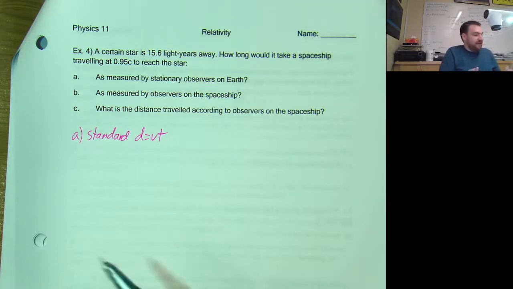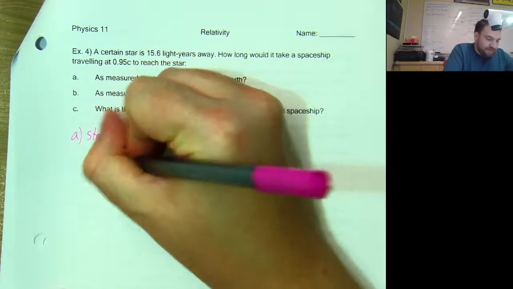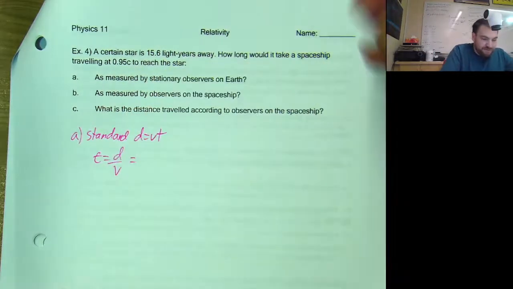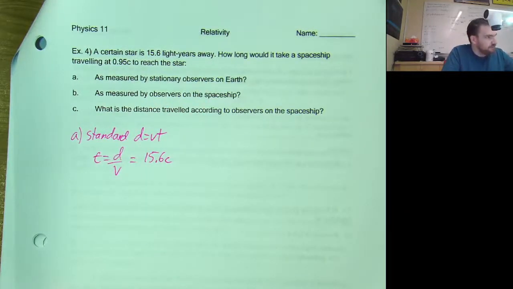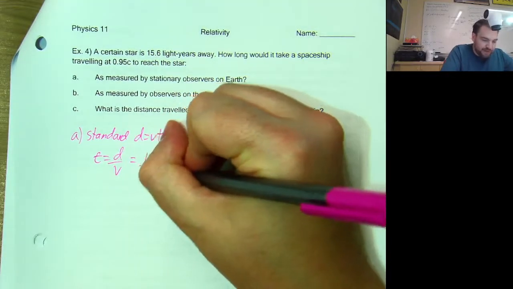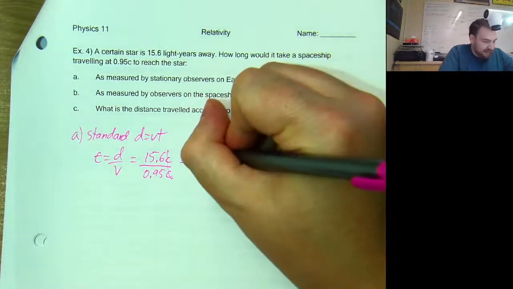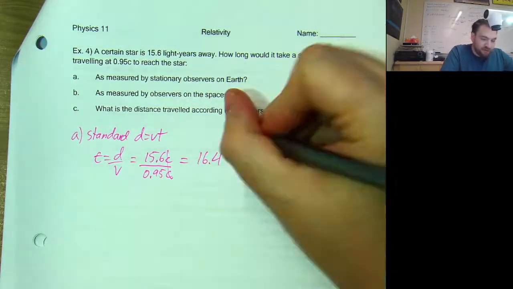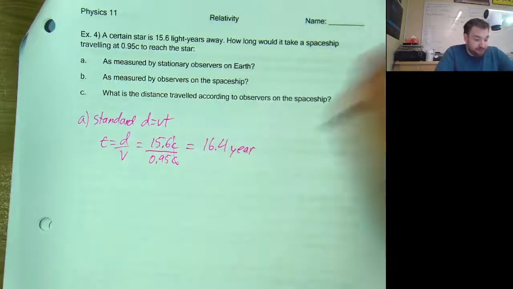How long does it take to actually get there? Well, t equals d over v. 15.6 light years is just 15.6 c years, divided by, we're told, 0.95 c. The c's are going to cancel, and we get a journey, as seen from Earth, of 16.4 years.